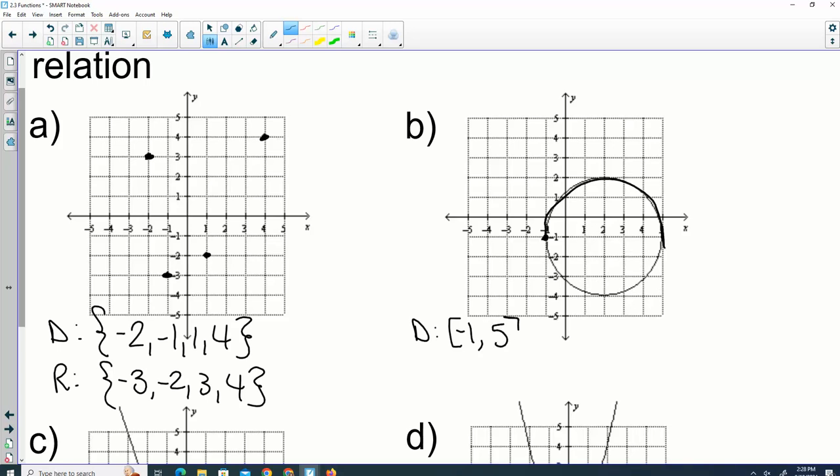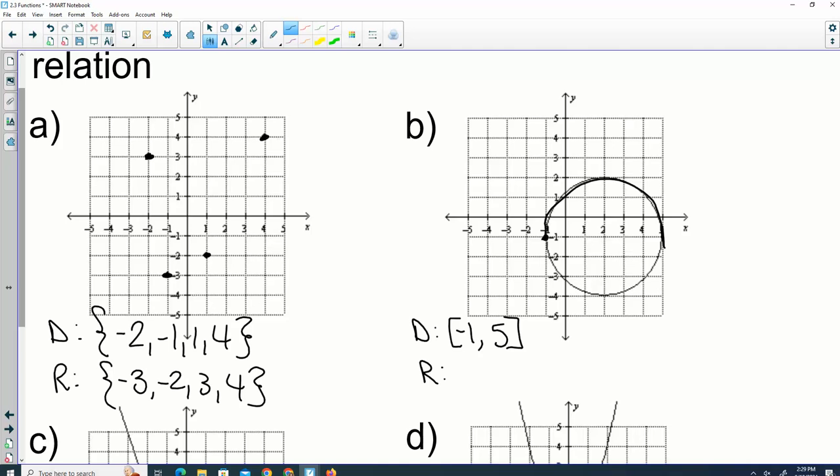And we do touch that one, so it also gets a bracket. The range is your y, so you have to go small to large. Yes, this interval notation is saying everything between -1 and 5. So every whole number, decimal, everything between them.